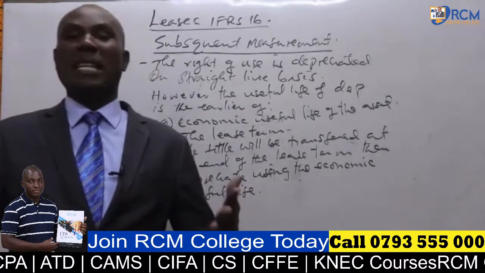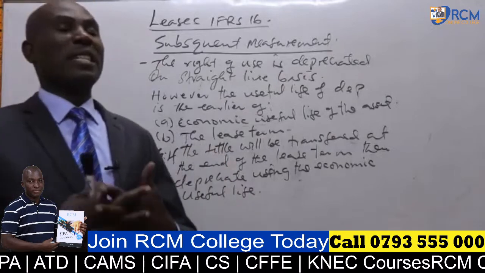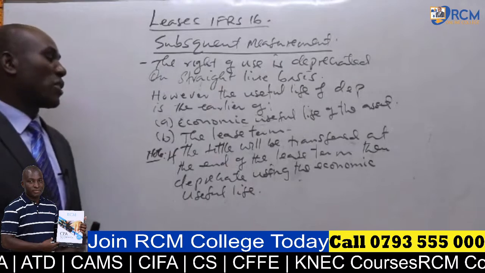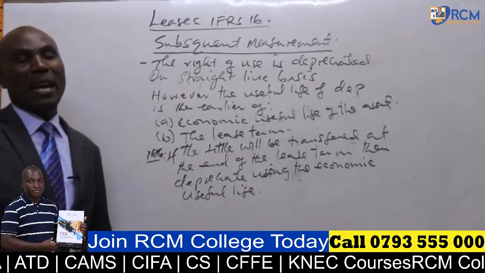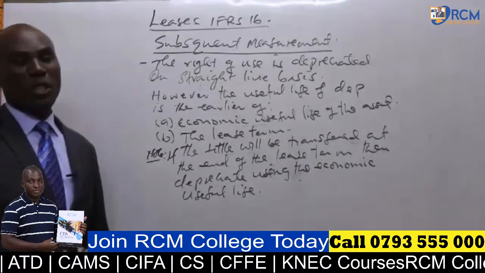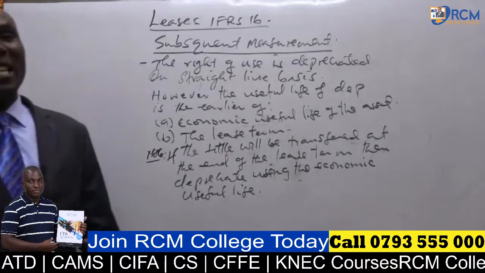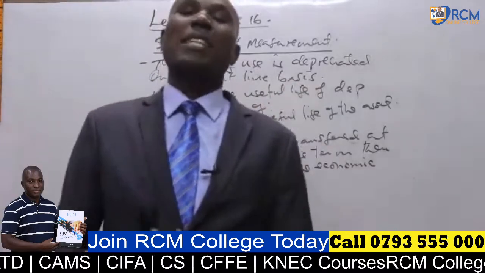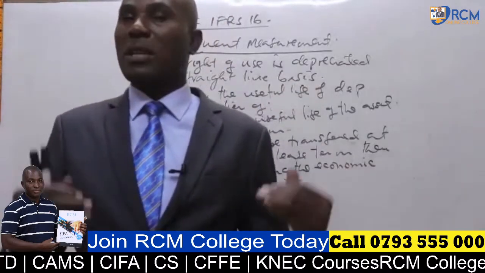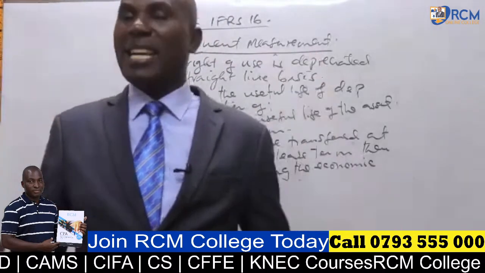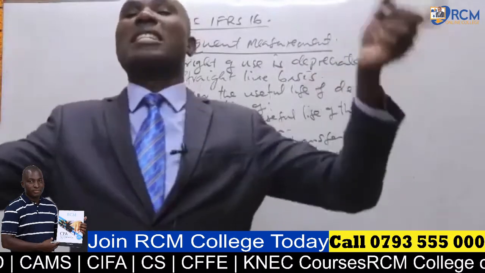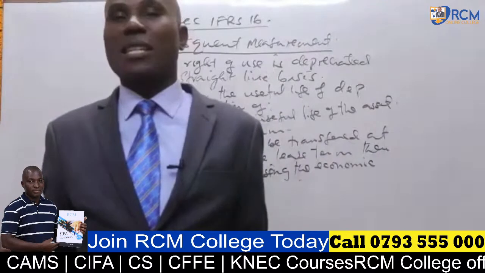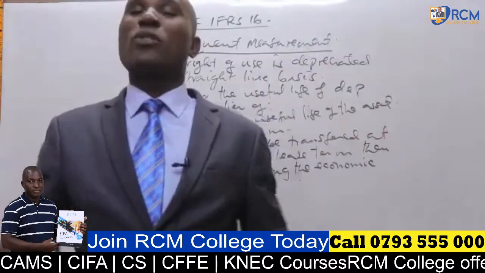Now, what do I mean when I say if the title will be transferred at the end of the lease term, then depreciate using the economic useful life? For example, we agree that I'm taking the asset for 10 years for use on a lease. But after 10 years, I will purchase the asset to be mine. Therefore, the title will be transferred to me.